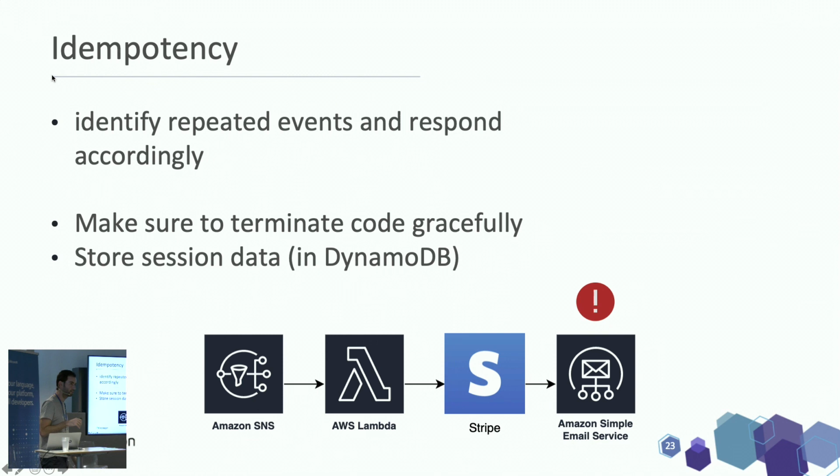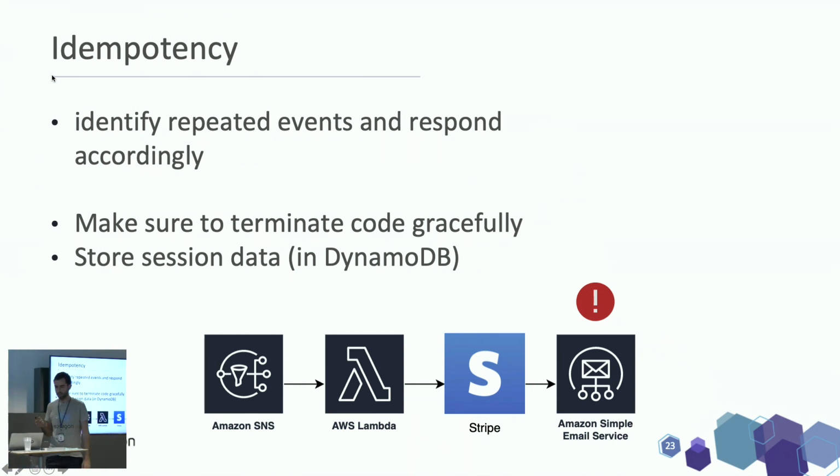Retry attempts can be hazardous for your application. Let's take another example. We're having an SNS, then it triggers a Lambda function, then we charge the user on Stripe. Let's say we get a notification about user purchases, and then it sends a confirmation email back to the user telling him, hey, you got your new product, thank you very much for buying an item.